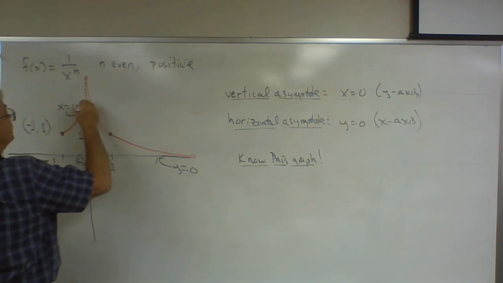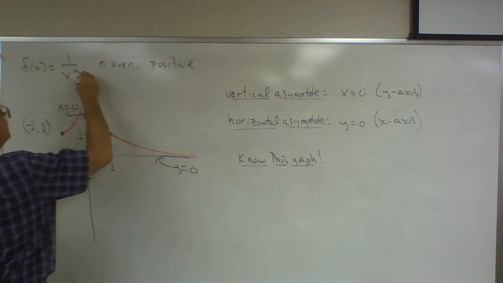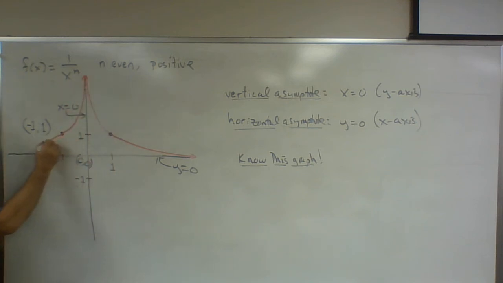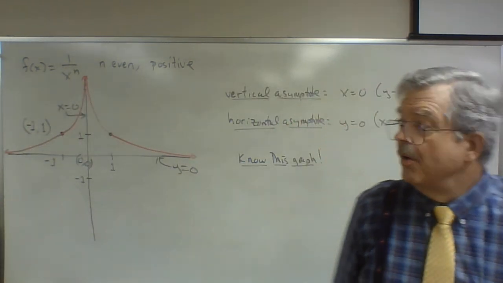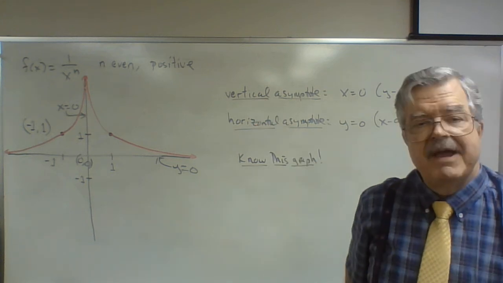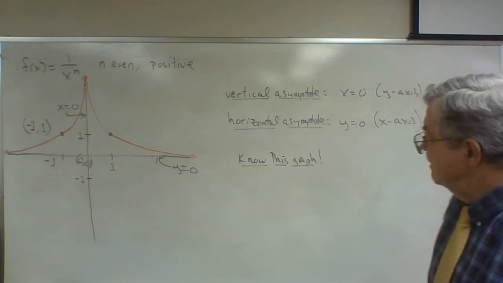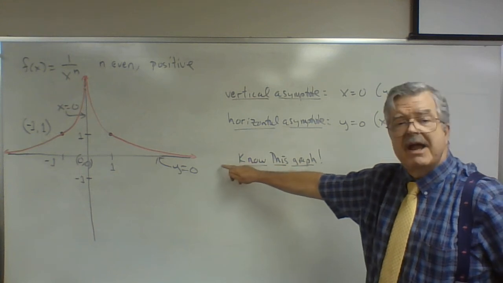The x-axis is a horizontal asymptote. The y-axis is a vertical asymptote. This is what the graph looks like when n is even. And we want to use this as a model for when we graph variations on the function f of x equals 1 over x to the n. So know this graph also.